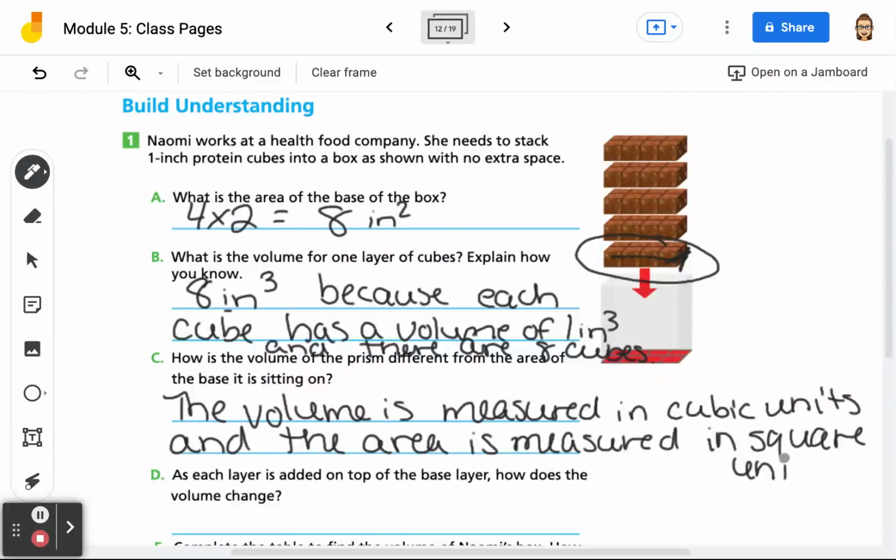That's the difference between area and volume and how we label it. We have inches squared for the area because we're doing length times width, so we have 2 dimensions. And we have inches cubed for volume because we're doing 3 dimensions, length times width times height.